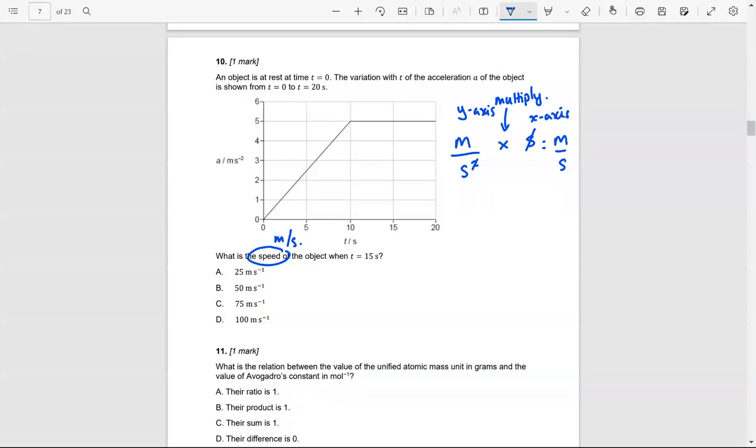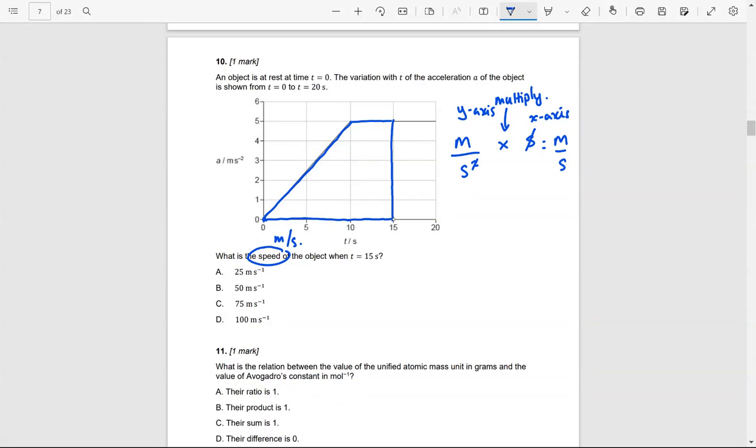We're looking for the speed of the object when the time is 15 seconds.